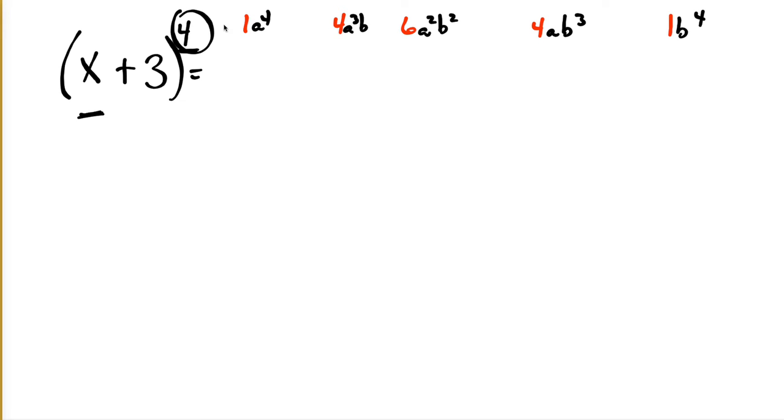Okay. So my answers are going to be 1. A is represented by the first thing, which in this case is an X. So for every single A that I wrote above, I'm going to put an X in its place. For every B, I'm going to put a 3. First thing, second thing. That's all A represents.